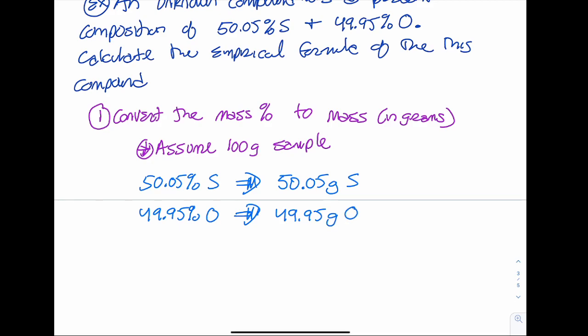So if I have 100 grams total, and these are my percents, how many grams of each do I have? It's really as easy as just erasing that percent sign and putting a G in where it used to be. So I'm going to assume that 100 gram sample.